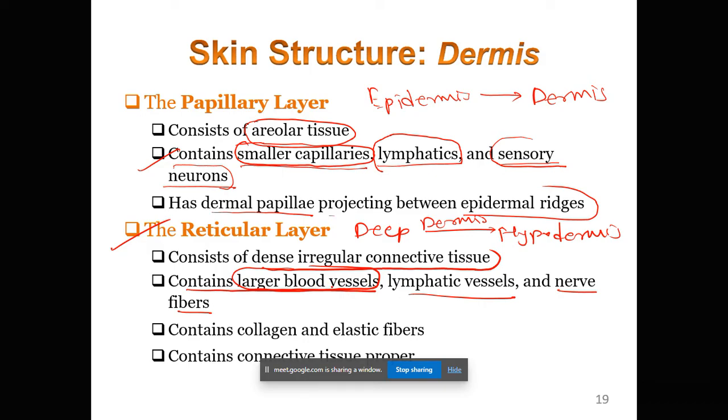When these blood vessels reach the papillary layer, they branch out and give rise to small diameter blood vessels, which are known as capillaries. The reticular layer contains collagen and elastic fibers. It also contains connective tissue proper.